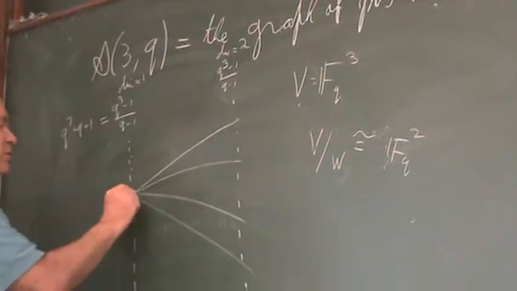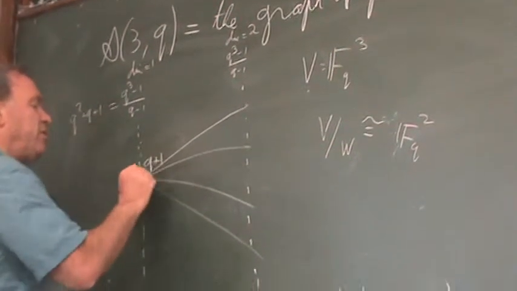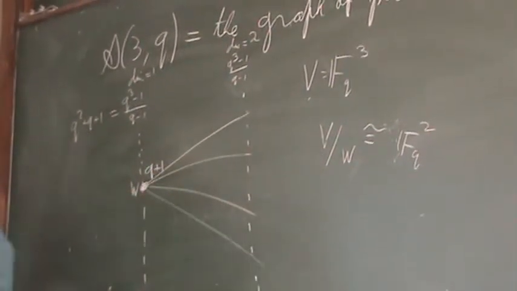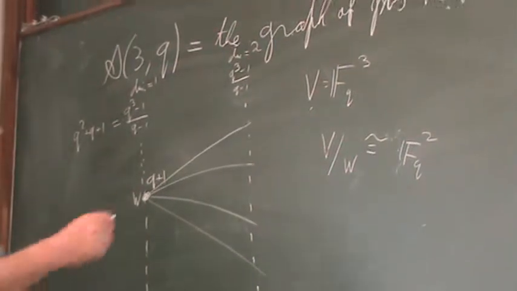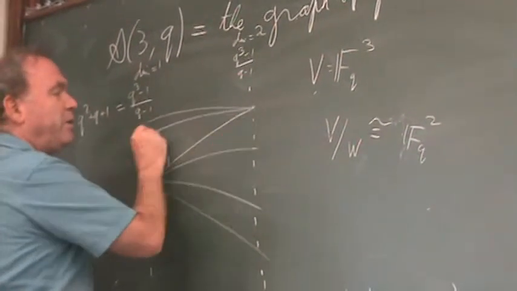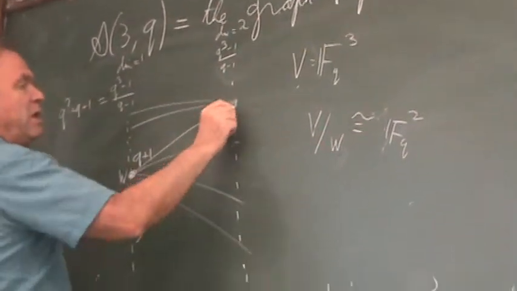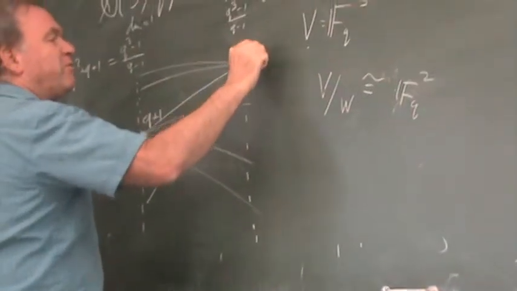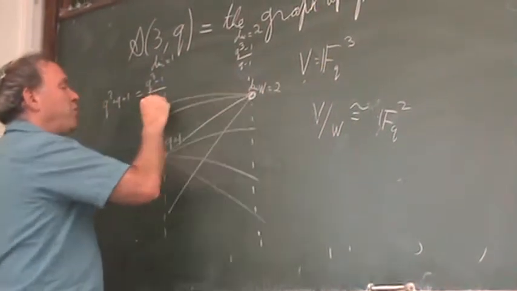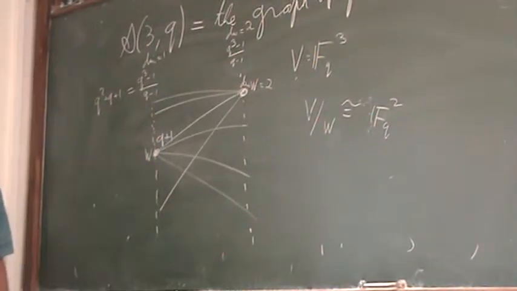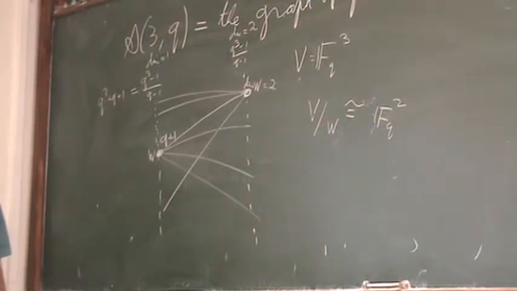So every vertex here has degree q + 1. And on the other side it is also q + 1, because if we have W, which is two-dimensional, the number of one-dimensional subspaces of it is also q + 1.